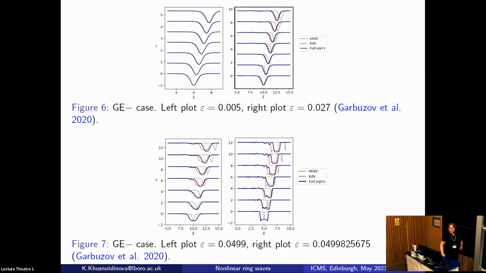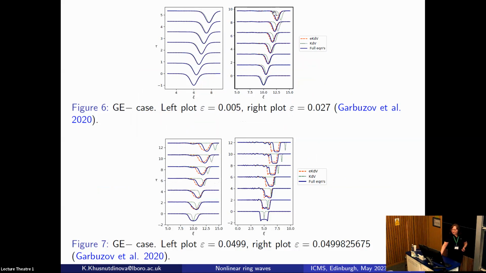This is very different when we look at Gardner minus, and that's where we really were hoping to see an improvement. So in the case of Gardner minus, again, we start increasing epsilon, right? So this is a small epsilon, all three curves, KdV, extended KdV, full numerics on top of each other, and we start to gradually increase the value of epsilon, okay?